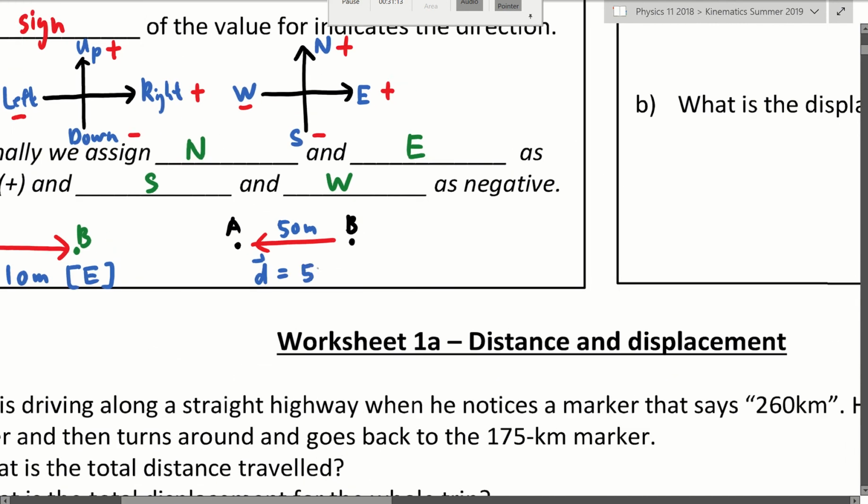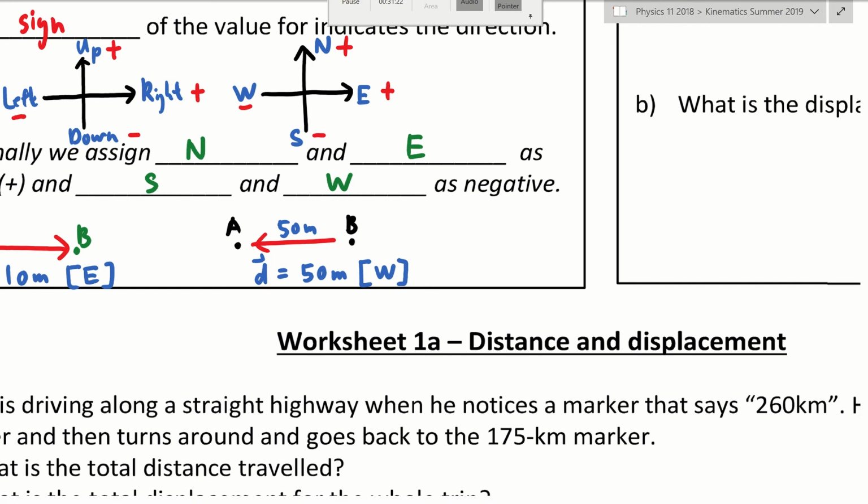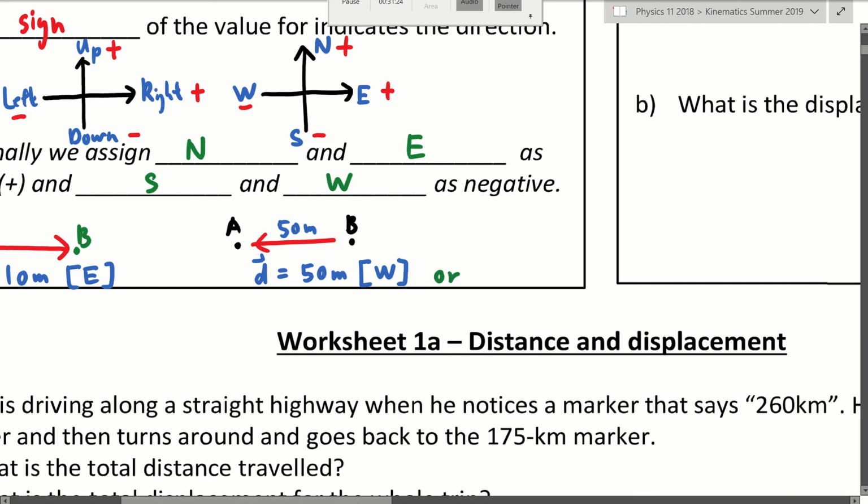You can say 50 meters west. That is actually true. Or alternatively, you can also say negative 50 meters east. So negative of east is west.